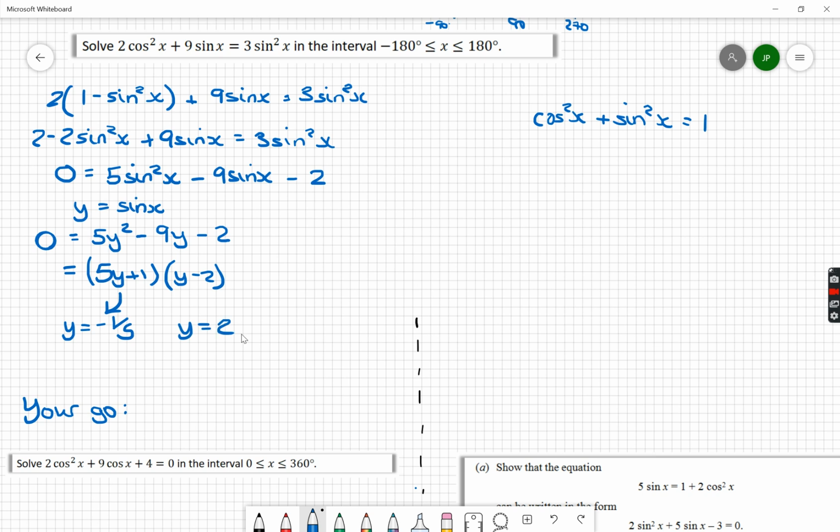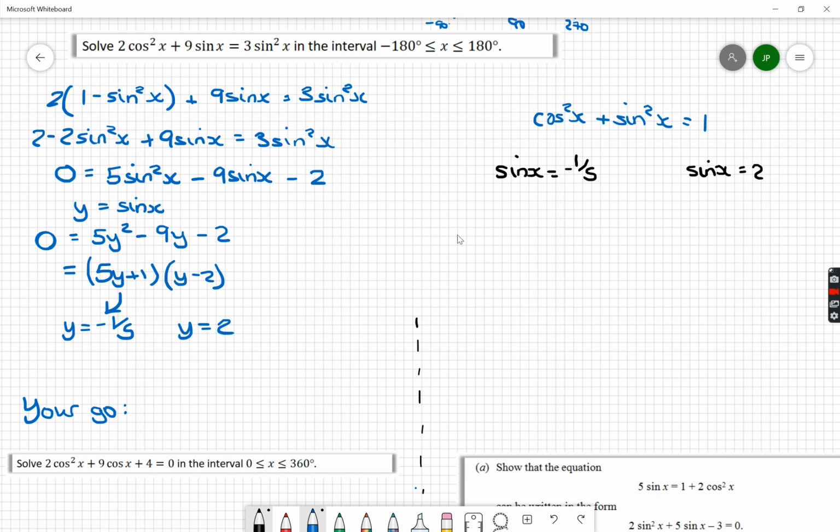We're not interested in y, we're interested in values of x. Now our range this time is between minus 180 and 180, so we're going to have to be a bit more careful with that to make sure we get within our required range. So I'm going to go to sine x equaling minus a fifth and sine x equals 2. First of all, we'll find our principal values, so I'll do the inverse sine of both parts.